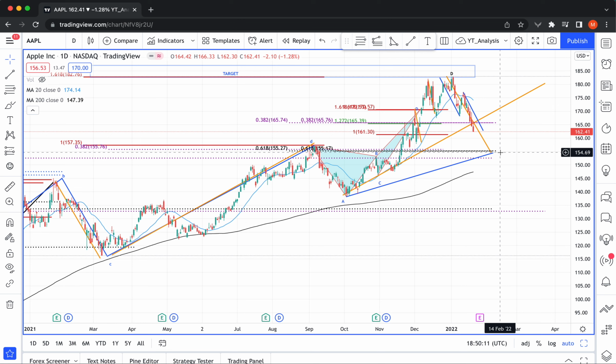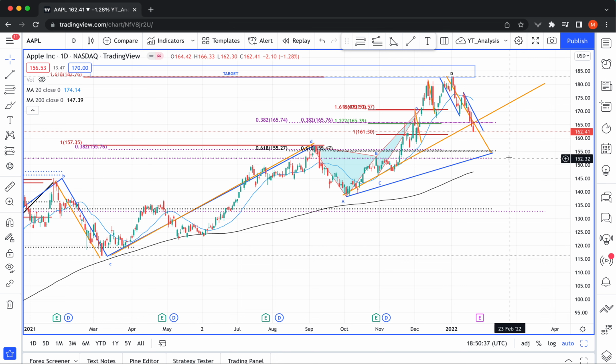That is because we need to ascertain whether this corrective move is likely to terminate here, and then perhaps Apple begins to form a base or accumulation takes place between this level and the 200-day moving average, which will also come very close to the 78.6% retracement level of this leg here.